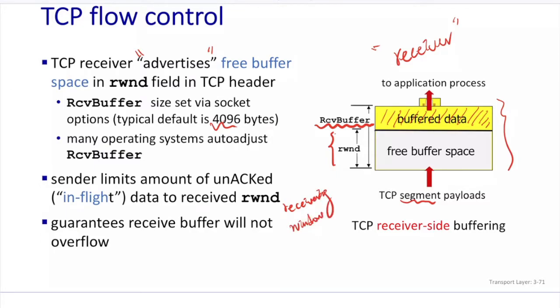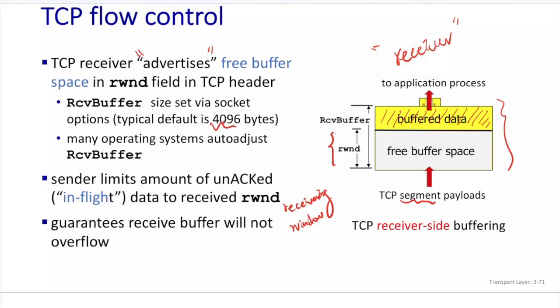The receiving window is the free buffer space of the receiver buffer. Make sure you understand that. The entire buffer size is the receiving buffer, and the free space is called the receiving window.